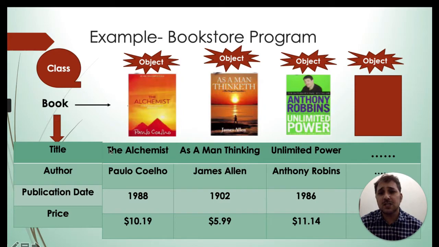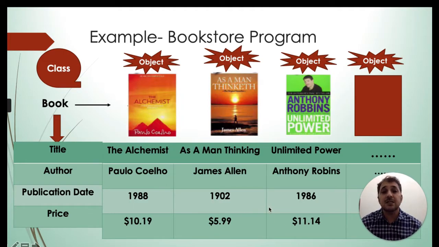So the general description is the class. It is quite general. But if you go to a particular object, then each object has a different value for each general property. For example, each object has a different title, a different author, a different publication date and a different price.